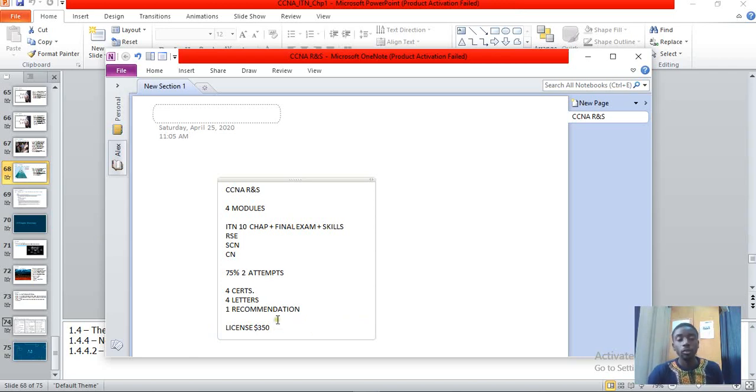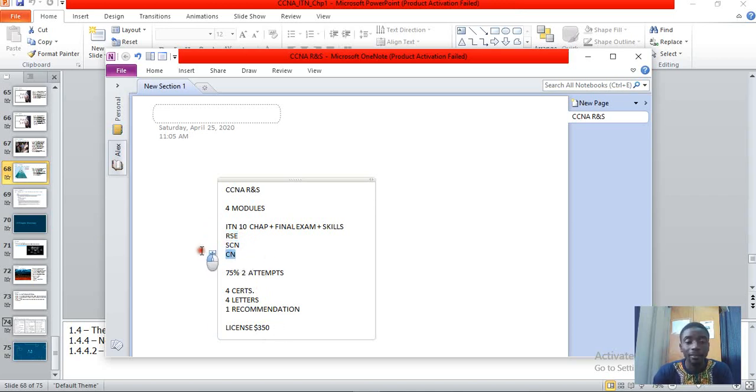But the advantage of using this CCNA Routing and Switching Academy is that if you pass the first attempt of the assessment in module 2, you are given a voucher with a discount of maybe 40 or 60%, depending on the promotion time.